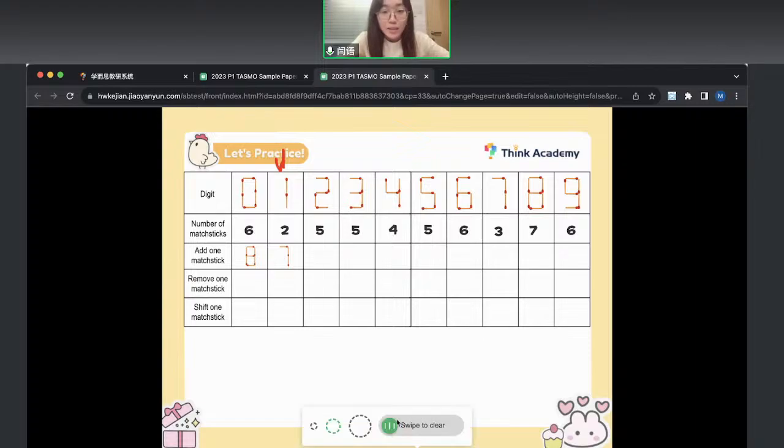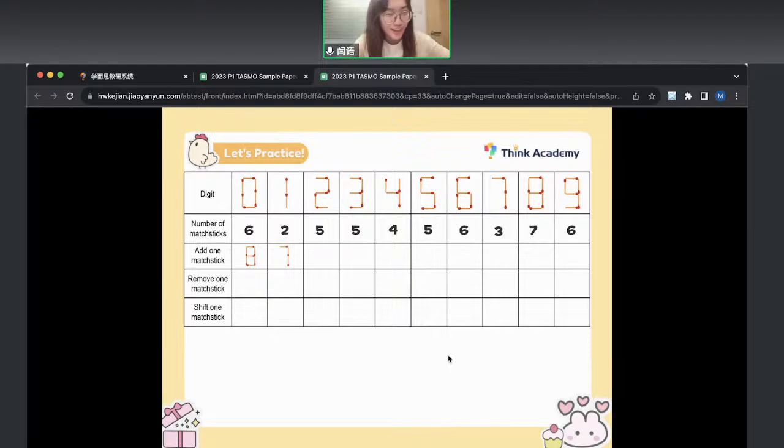And next one, what about number 2? For number 2, if I add 1 more matchstick, what digit, what number can we get? You get 5?